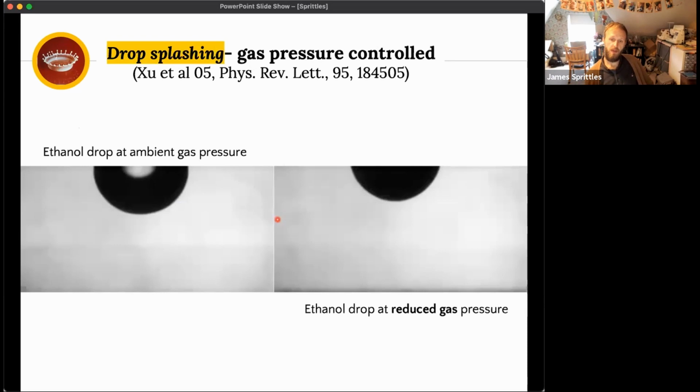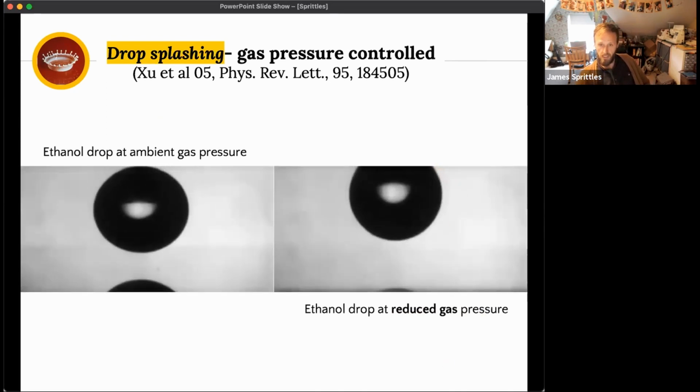Perhaps the most famous example showing the relevance of the gas is this famous article by Sid Nagel and colleagues in Chicago. What they did is put the drop impact problem inside a vacuum chamber and looked at what happens if you reduce the gas pressure. Probably many of us have seen this before, but at the time it was remarkable.